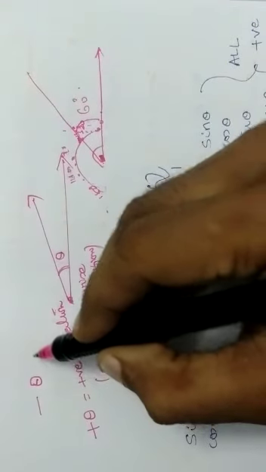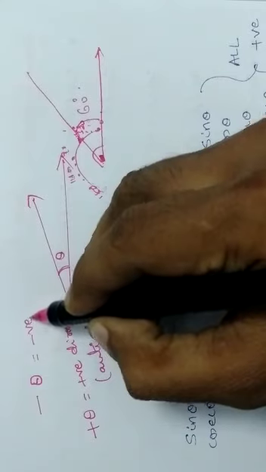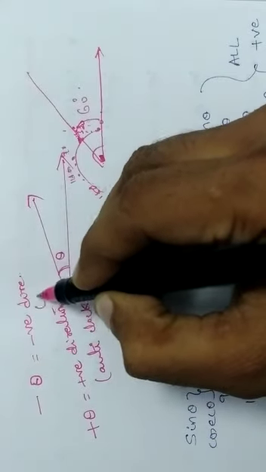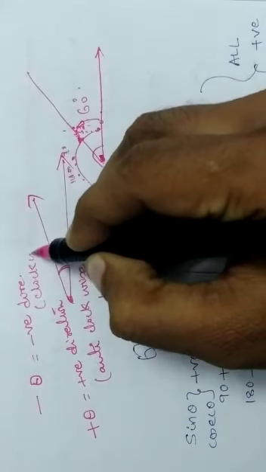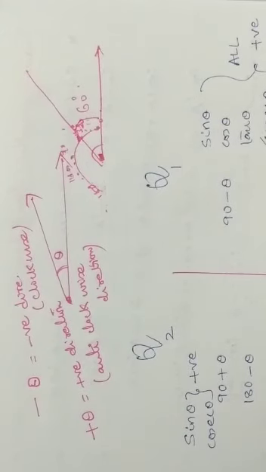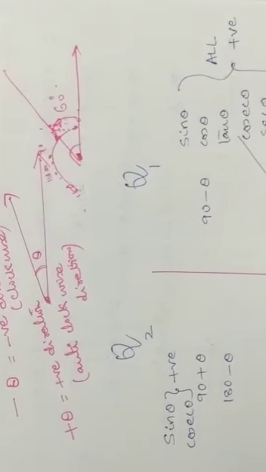Minus theta means negative direction, which means clockwise direction. Right.